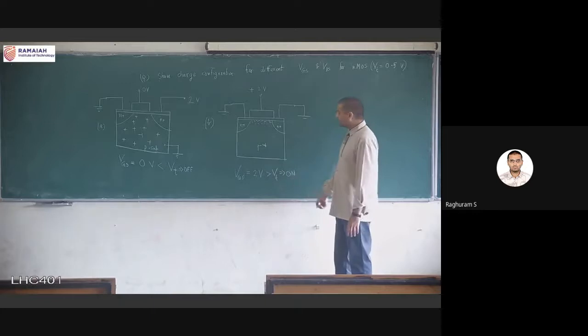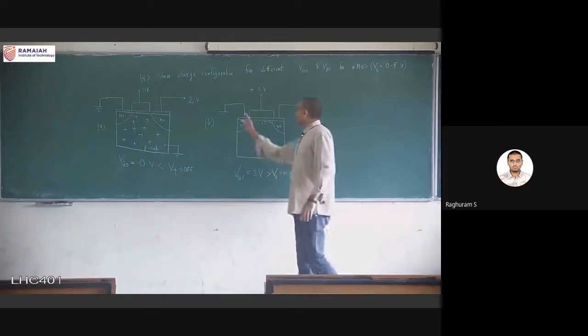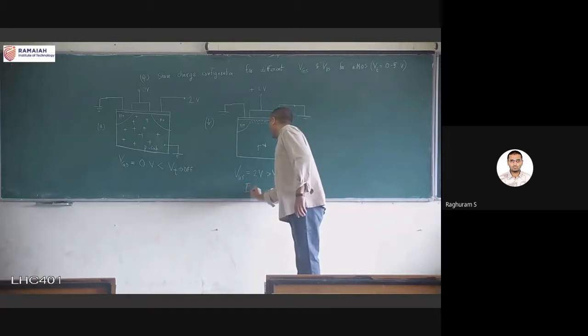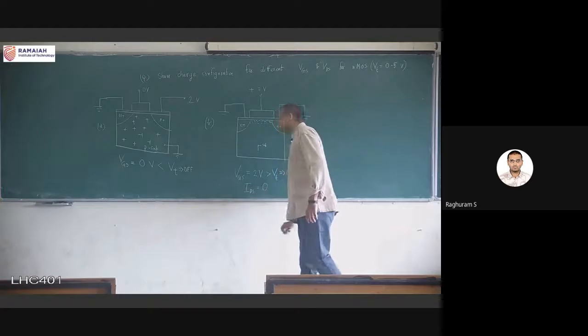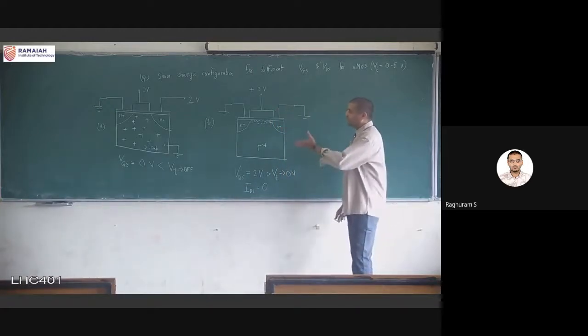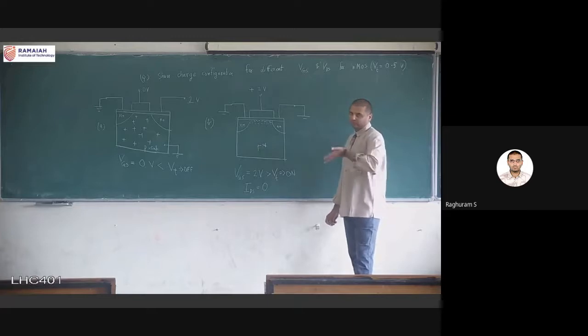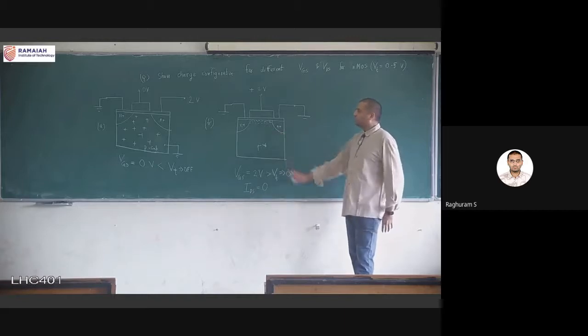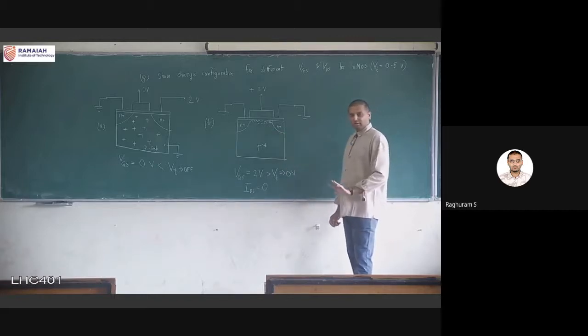But because both the drain and source are at the same level, the current flowing through the transistor is 0. There is no current flowing because even though the minority charges are attracted, they are not moving. We need the charges to move for there to be a current. So the transistor is considered on, but there is no current. This is the second case.